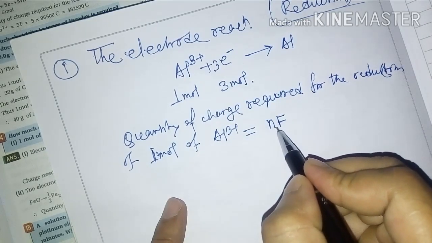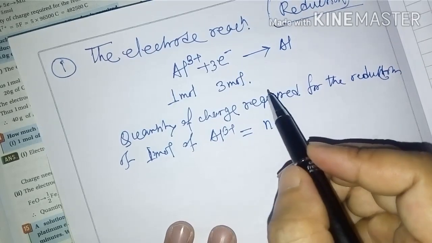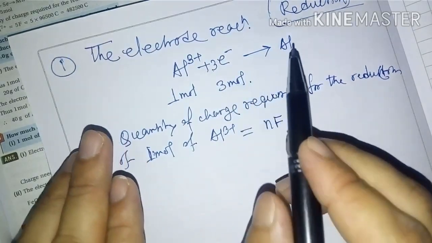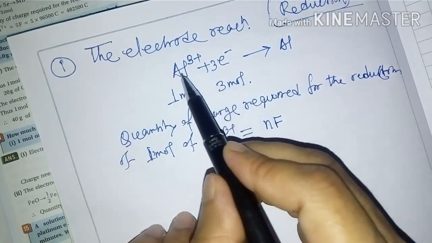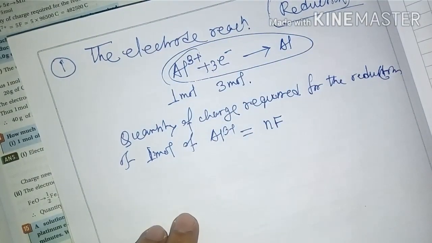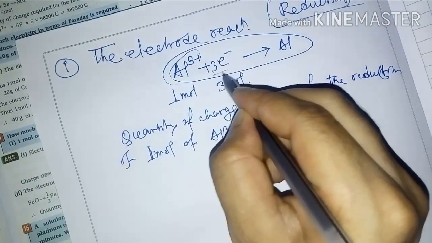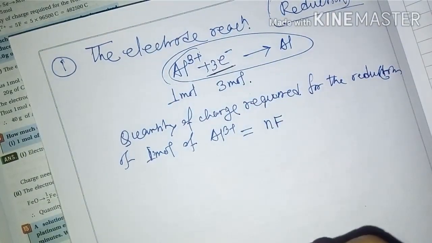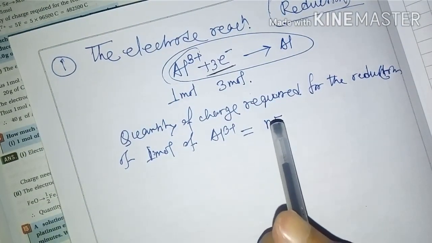Here n is the number of electrons, that means how many electrons participate in this reaction. In this reaction only 3 electrons are added, so n is 3.